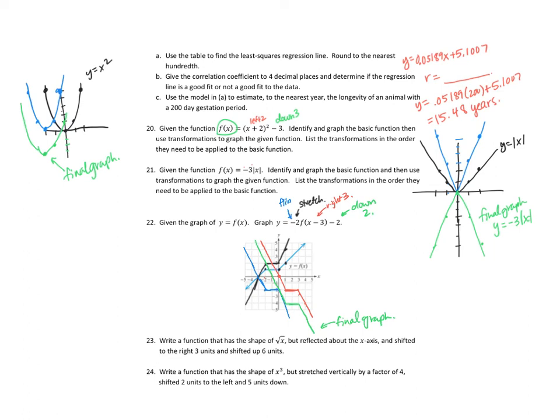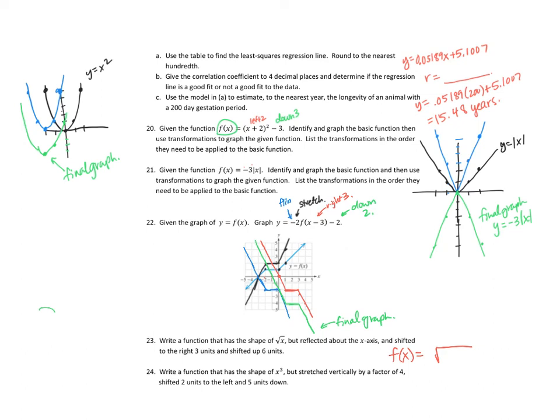Next one says, write a function that has a shape of square root of x, but is reflected about the x-axis, and shifted to the right 3 units, and shifted up 6 units. Okay, so let's see. So we are going to say our function f of x is going to contain a square root, but it's going to have some other stuff going on.